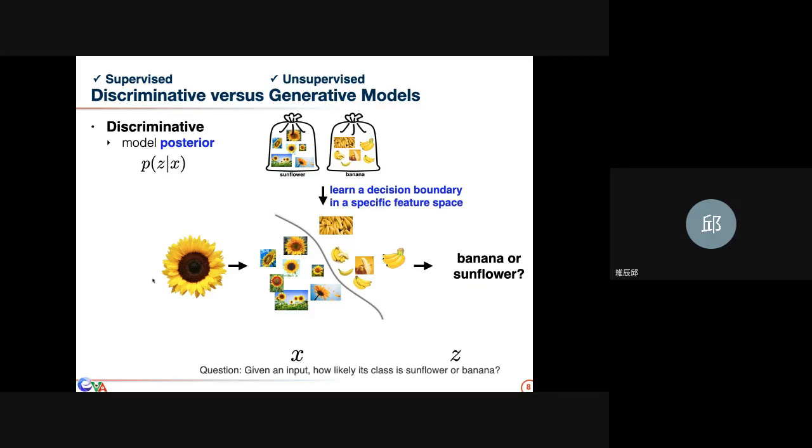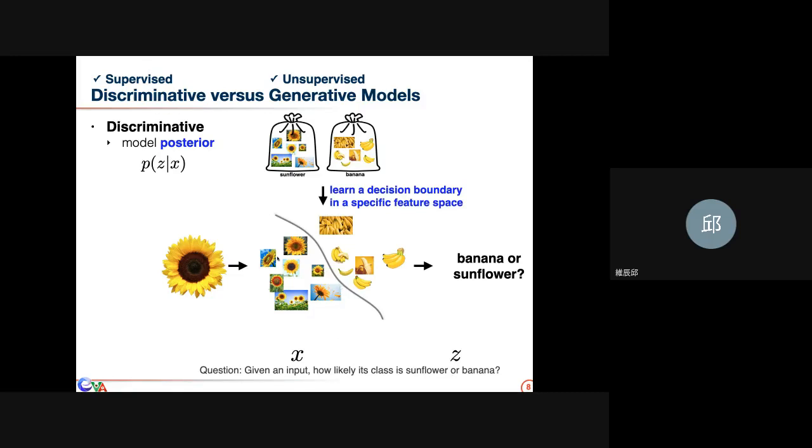During prediction time, given a test image, you first put this image into the feature space, and then according to the decision boundary that you learned during training, you classify this test image as banana or sunflower.